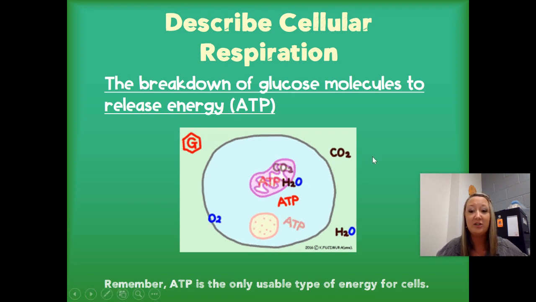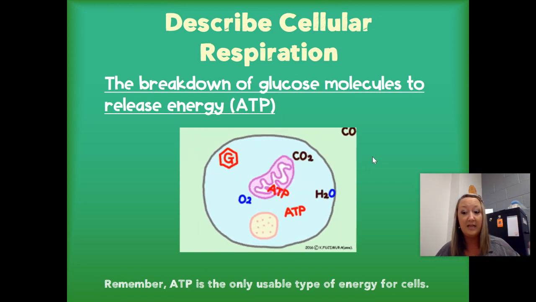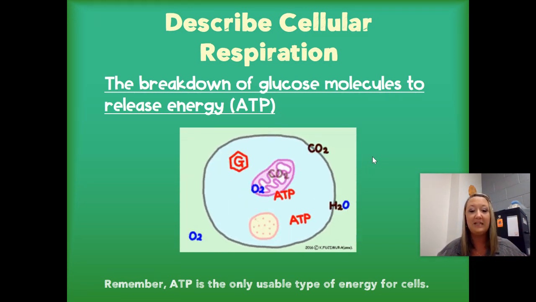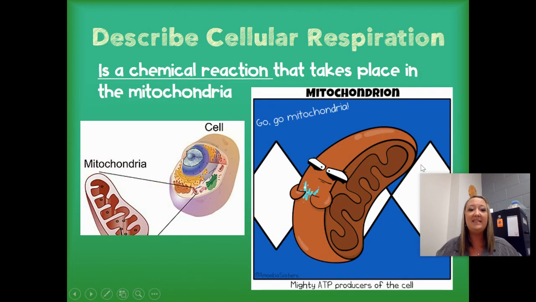So unless cells are going through that process of cellular respiration, transforming that glucose that we're eating, transforming that glucose that plants create through getting energy from the sun, they can't live, because they don't have any energy. We have to eat to live, to fuel our bodies on a cellular level. Isn't that crazy? So it happens in the mitochondria, and it is a chemical reaction.